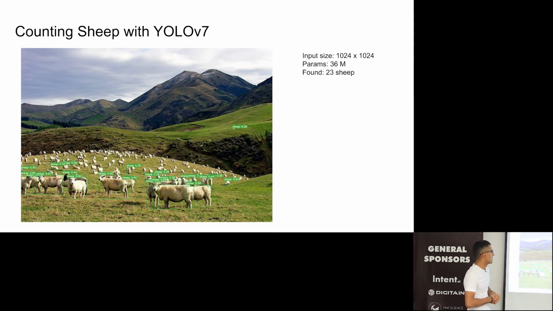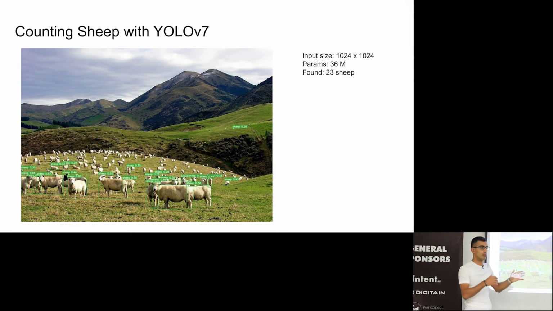But there may be different reasons. For example, the sheep here are occluded and very dense. Maybe the lighting also affects it, because the light seems sunnier on this sheep than on this one. But again, these are guesses.